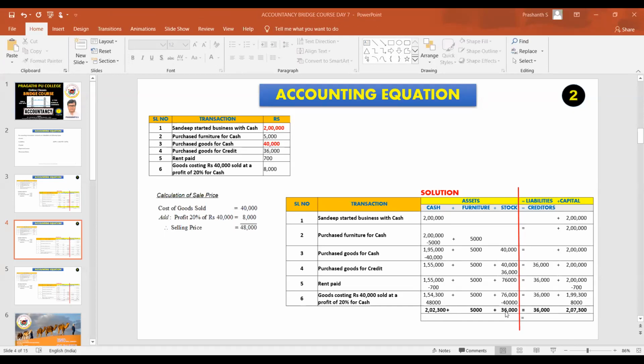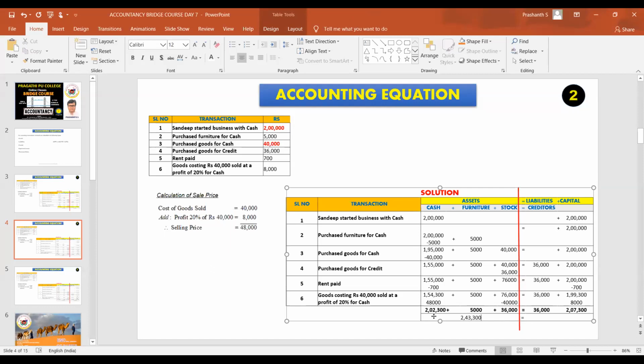2,300 plus 5,000 plus 36,000. How much does it become? 47,300? 47 or 43? Check it. 43,300.